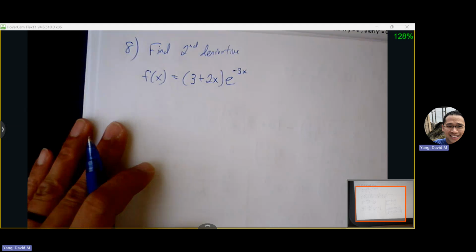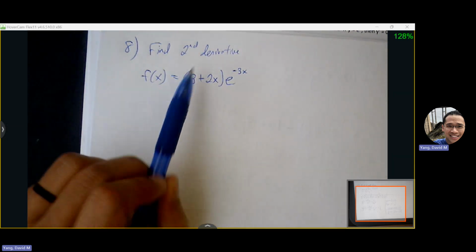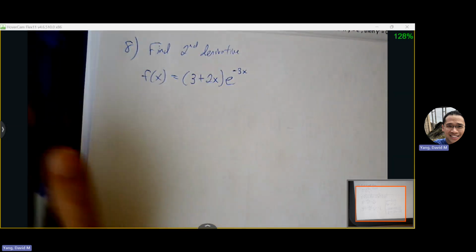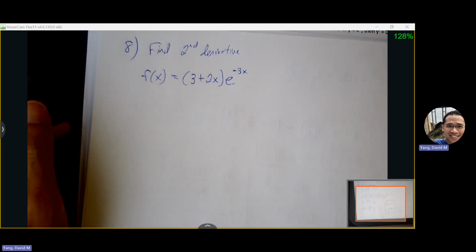All right, let's do one thing at a time here. Let's first find f prime. To find f prime, what rule can we apply here? What do you see?